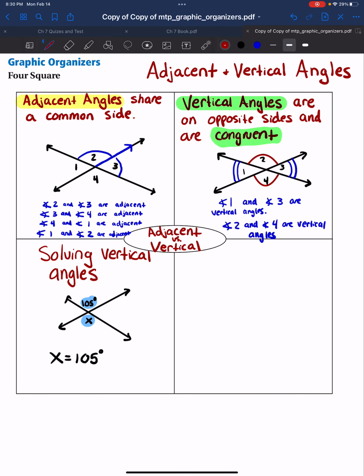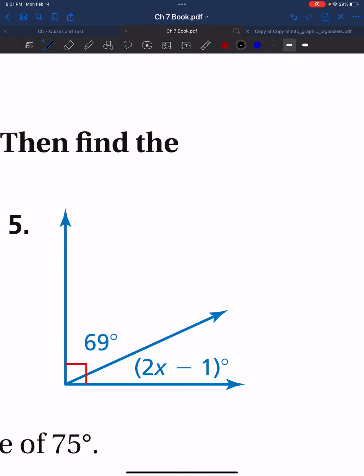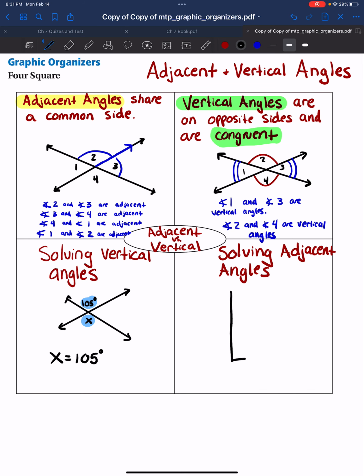Let's do another solving over here. But this time let's say solving adjacent angles. And here's what we're going to draw for this one. Draw me a 90-degree angle. And you can go ahead and show me that it's 90 degrees by making a perfect little square in the middle.